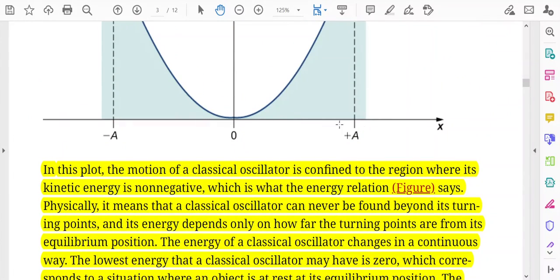However, the potential energy of the object is zero at the equilibrium, and we know that all objects try to be in minimum potential energy. So from that concept, we may think that the probability of finding the object should be highest at the equilibrium, but that is not the fact.